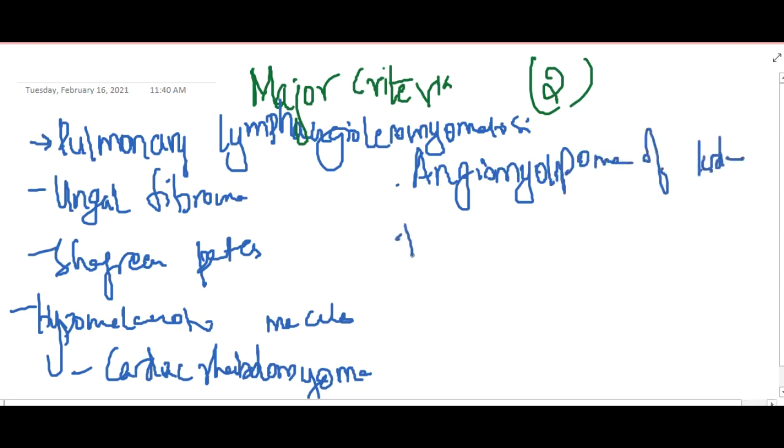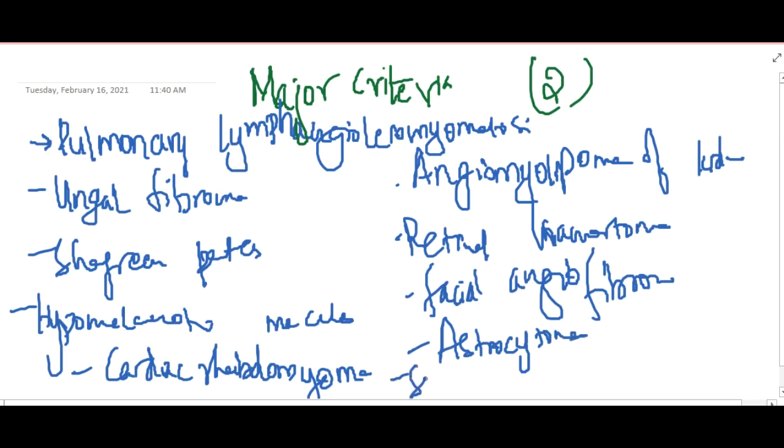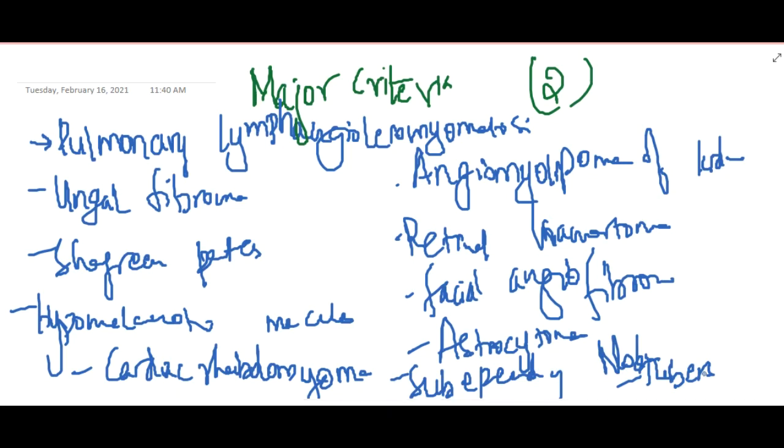It also includes giant cell astrocytoma, subependymal nodules and cortical tubers.